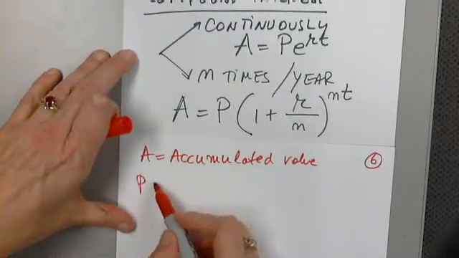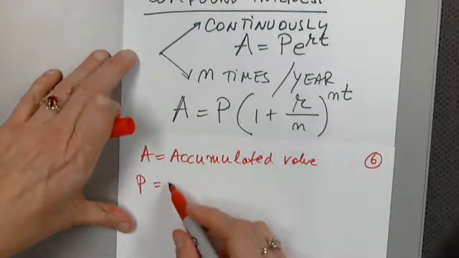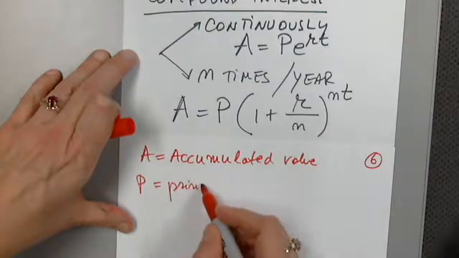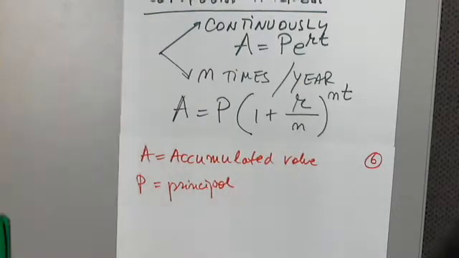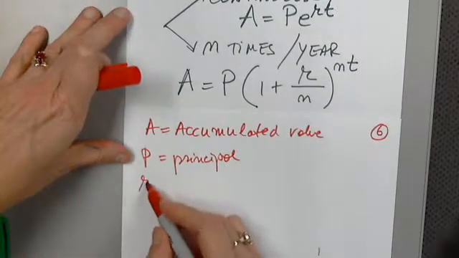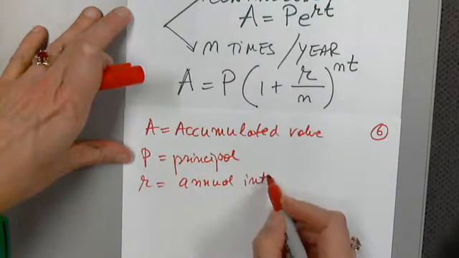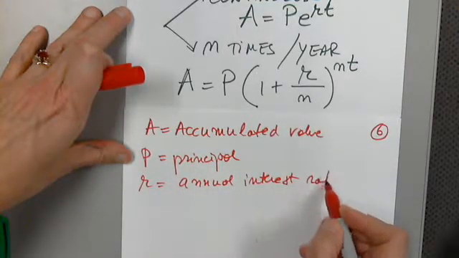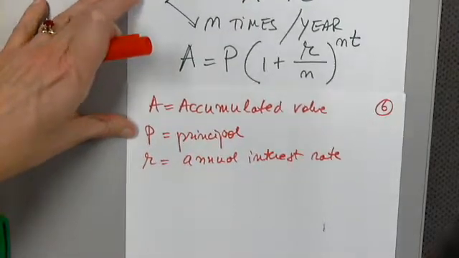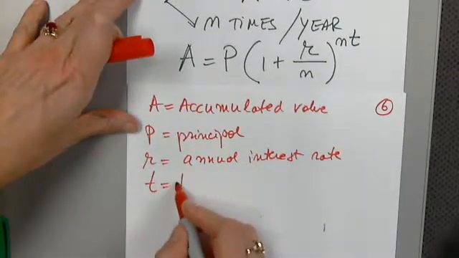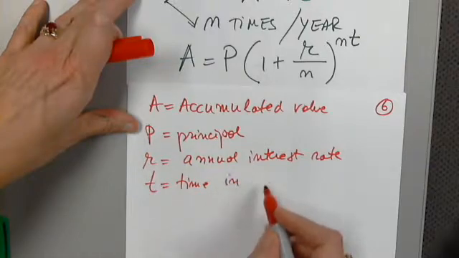What do you think P represents? Exactly. The amount of money we deposit or the amount of money we borrow. Lowercase r is the annual interest rate. Lowercase t, time, exactly, in years.